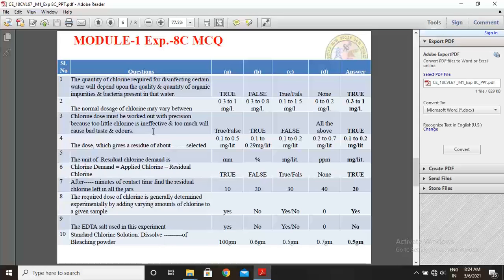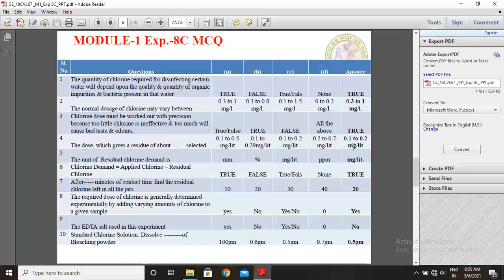Chlorine dose must be worked out with precision because too little chlorine is ineffective and too much will cause bad taste and odors. Options: true, false, or all the above. Correct answer is true. The dose which gives a residue of about dash is selected: 0.1 to 0.5 milligram per liter, 0.1 to 0.29 milligram per liter, 0.1 to 0.2 milligram per liter, or 0.2 to 0.7 milligram per liter.